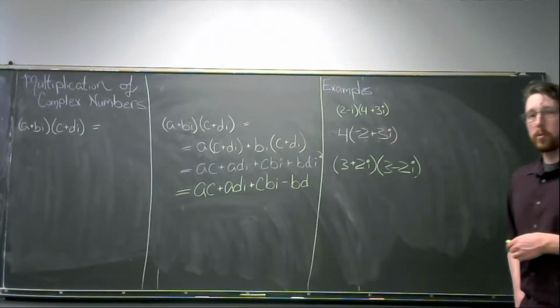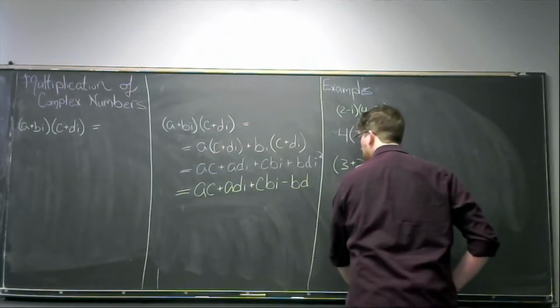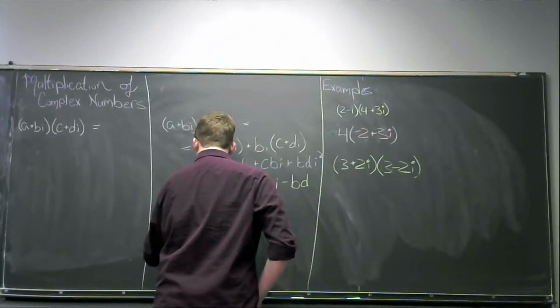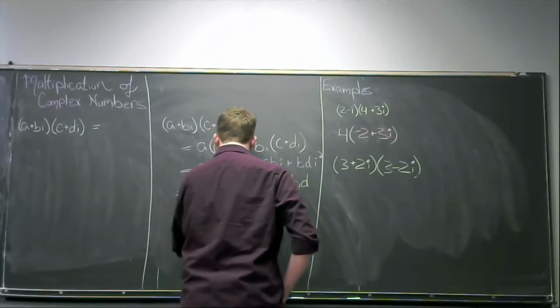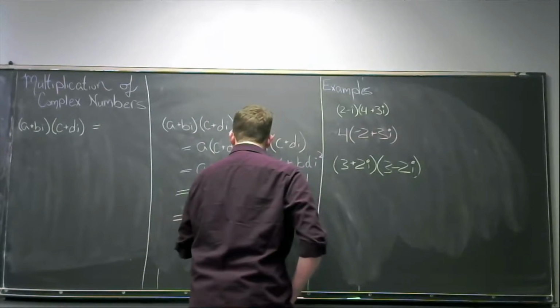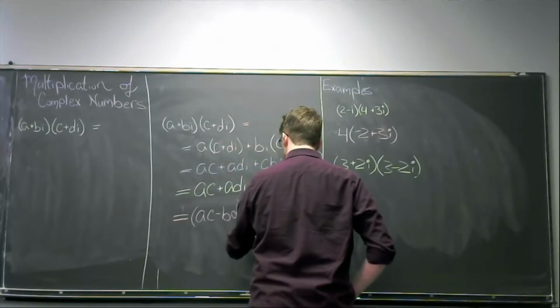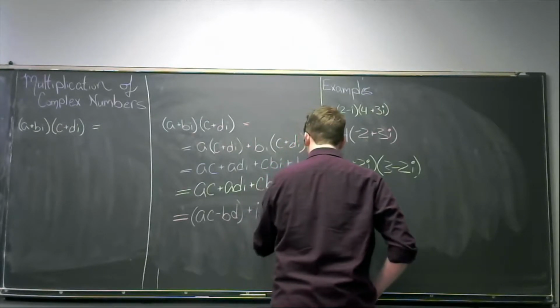So let's group those real numbers and imaginary numbers together now. When we do that, we've got ac minus bd plus i times ad plus cb.